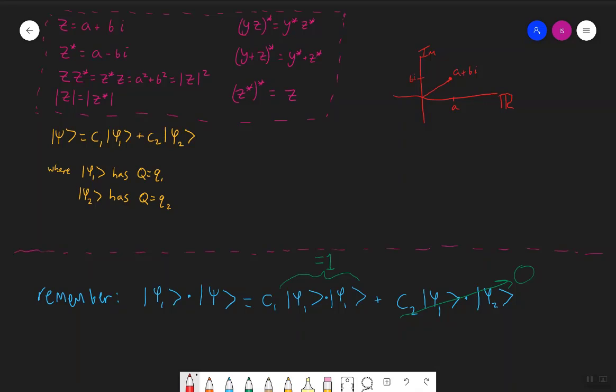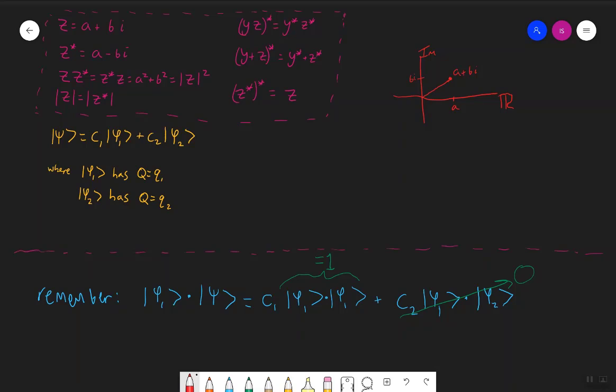Okay, so now that we have that, I'd like to define our new notation here, where we've got the psi vector, in yellow over here, equal to c1 times the basis vector, the unit vector phi1, plus c2 times phi2.